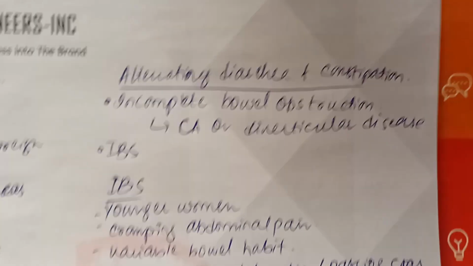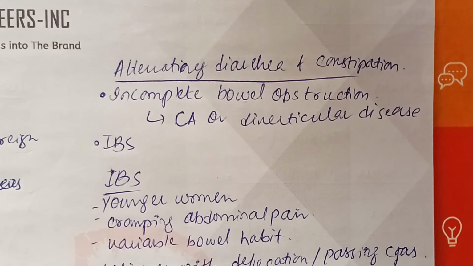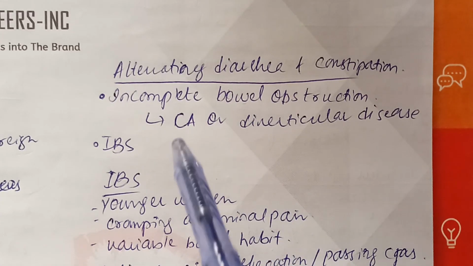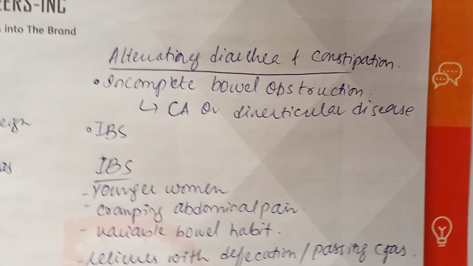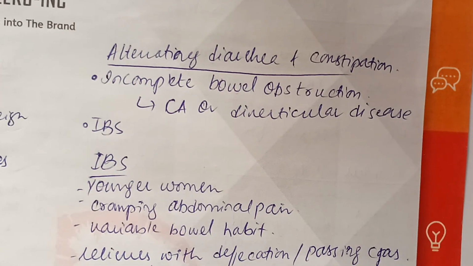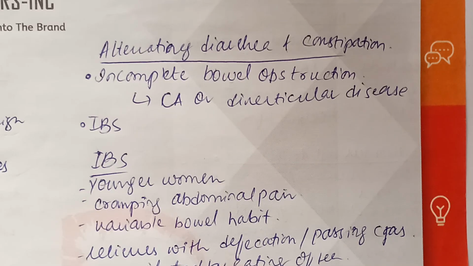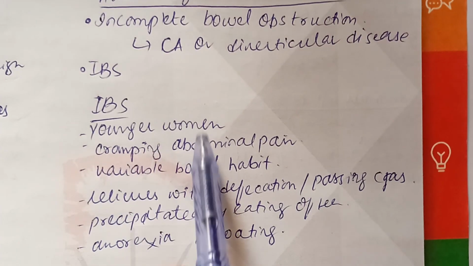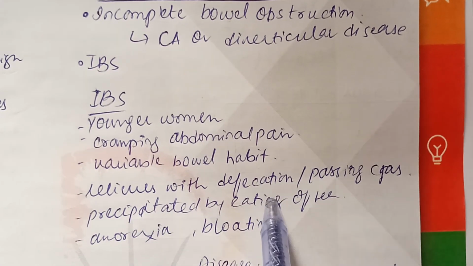When the patient complains of altered bowel habits, like alternating diarrhea and constipation, it signifies incomplete bowel obstruction. Incomplete bowel obstruction can be due to carcinoma and diverticular disease, or irritable bowel syndrome. These are the causes of alternating bowel habits. In irritable bowel syndrome, there are younger women with cramping abdominal pain and variable bowel habit.